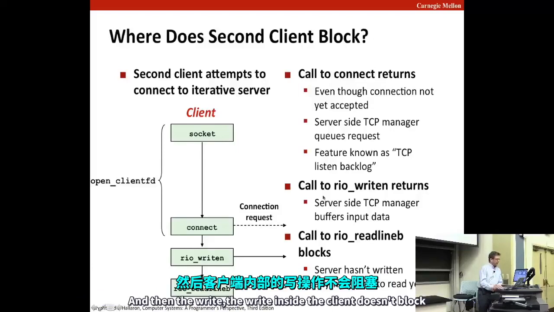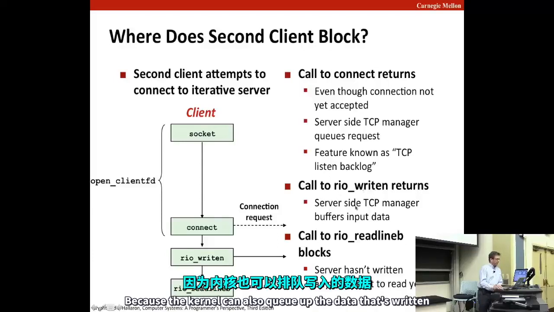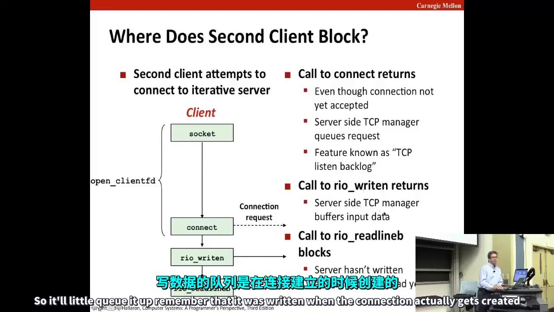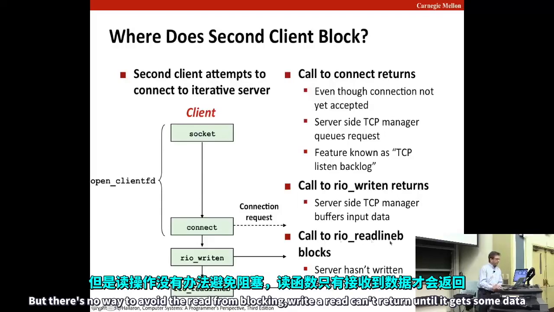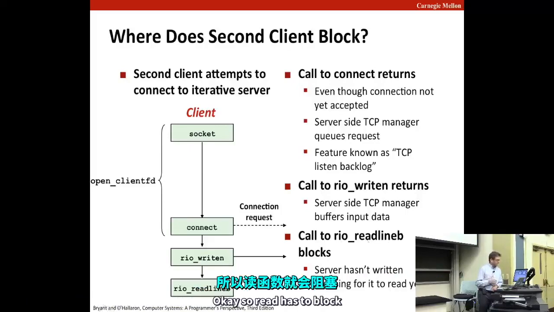And then the write inside the client doesn't block because the kernel can also queue up the data that's written. So it'll queue it up, remember that it was written. When the connection actually gets created, then it'll send that data along. But there's no way to avoid the read from blocking, right? A read can't return until it gets some data. So read has to block.